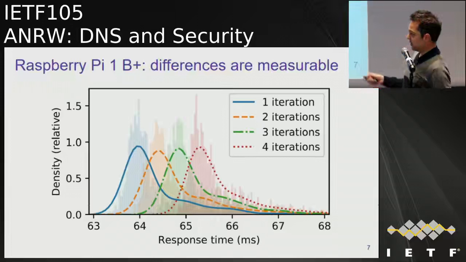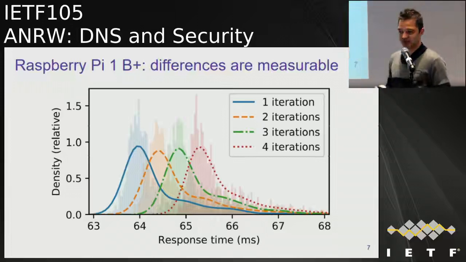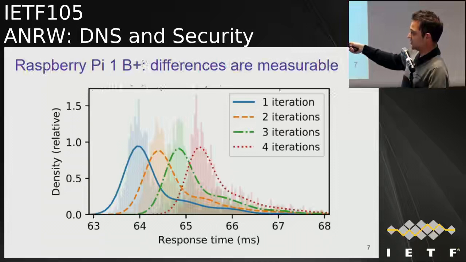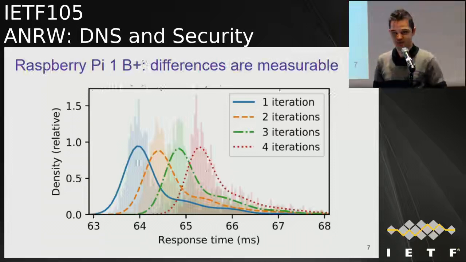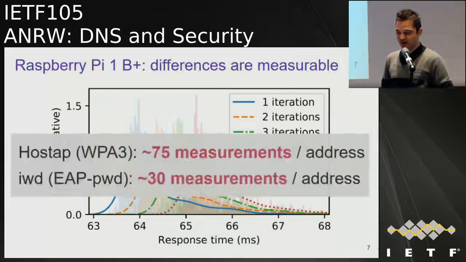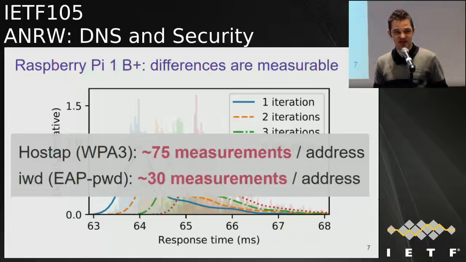You can see the example here where we have the blue full line. It corresponds to the timing response if the algorithm only takes 1 iteration. Then we have the case where it takes 2 iterations, 3 iterations, and so on. And in practice, we found that against our target, if we make 75 timing measurements, then we can accurately tell how many iterations it did.